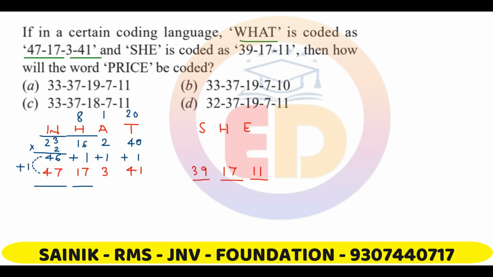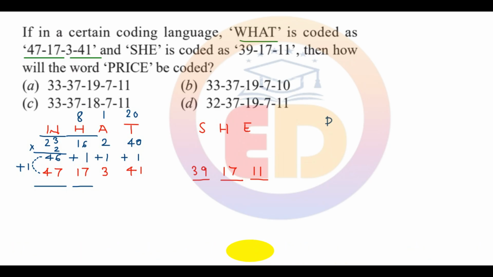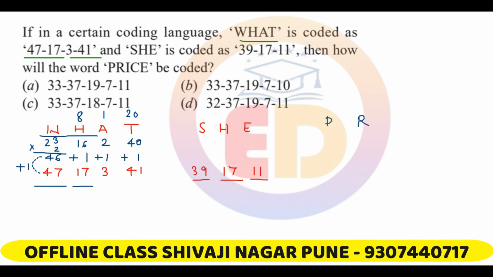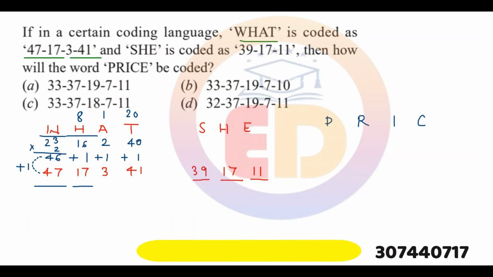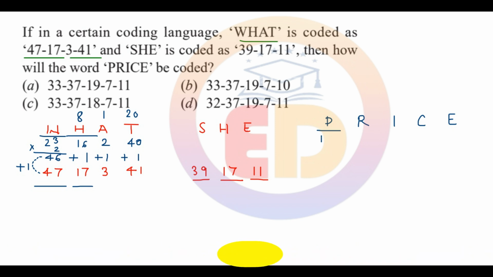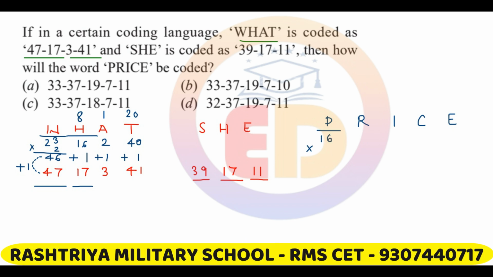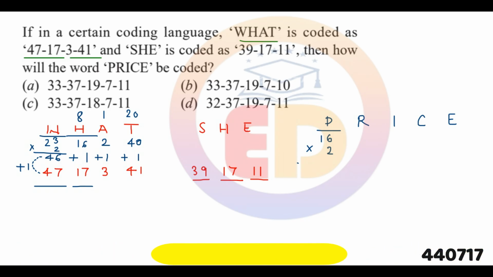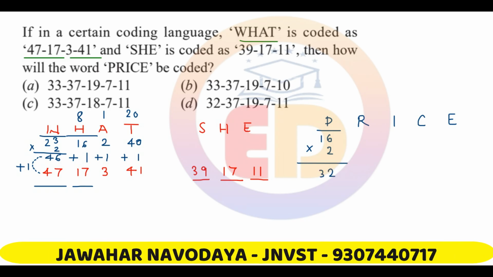Let us find out the answer. Price. Now here P is 16 multiplied by 2 plus 1. It's 32, plus 1 will be 33.